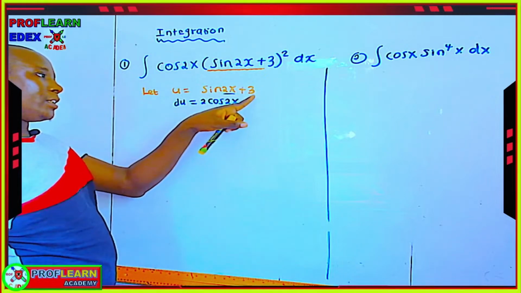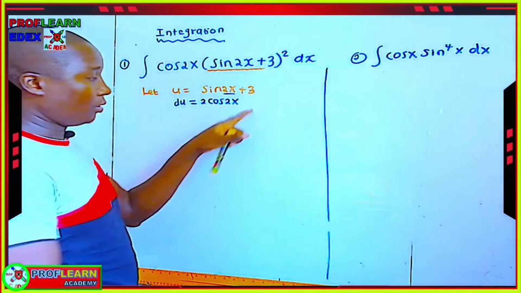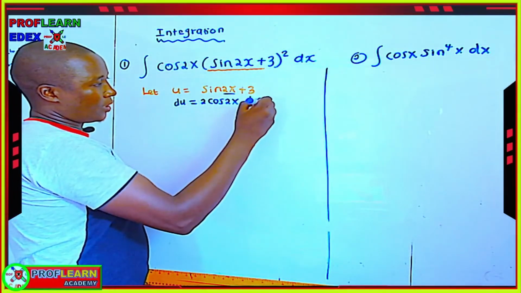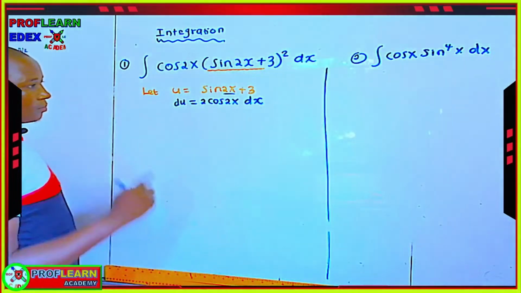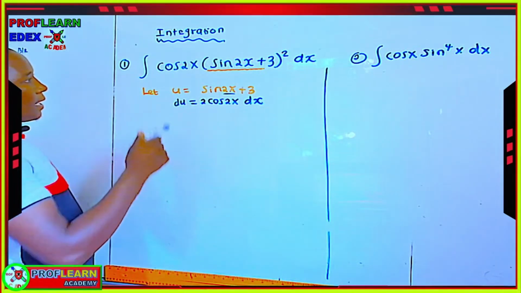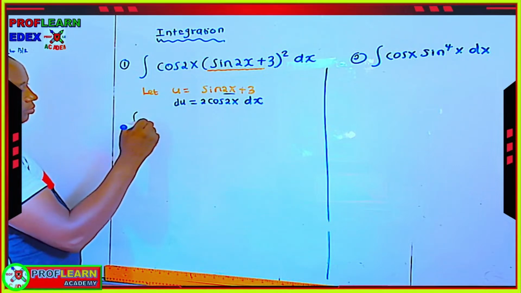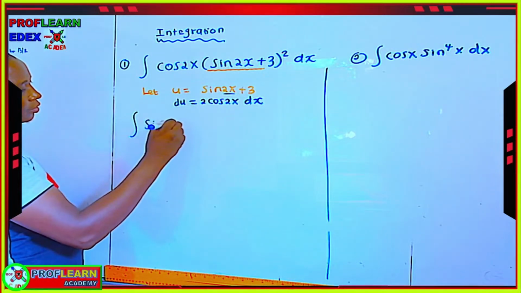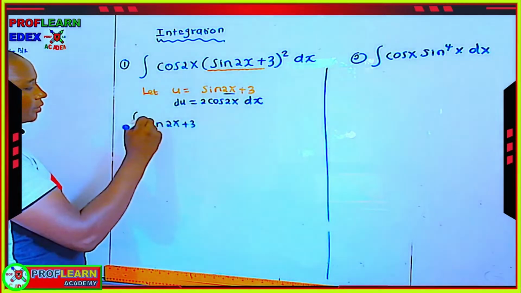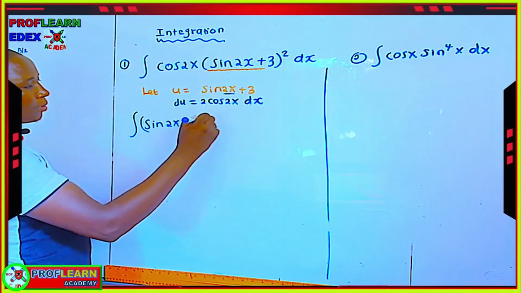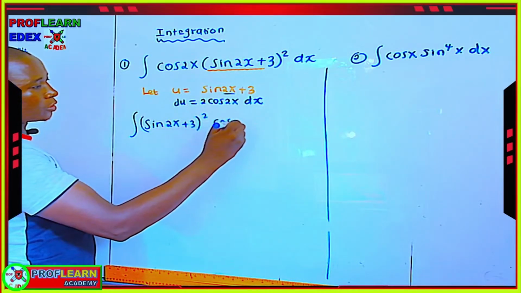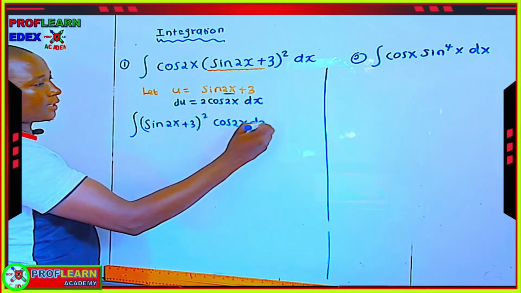Differentiating the constant, we are going to get 0. Then we shall write dx like that. So in this expression here, I want you to see that we have sine 2x plus 3 raised to power 2 cos 2x dx.